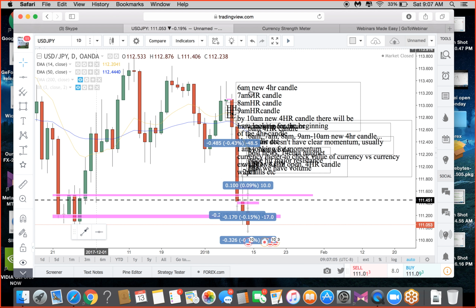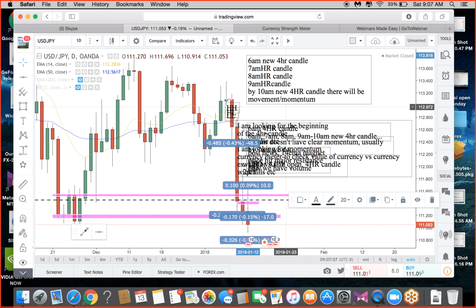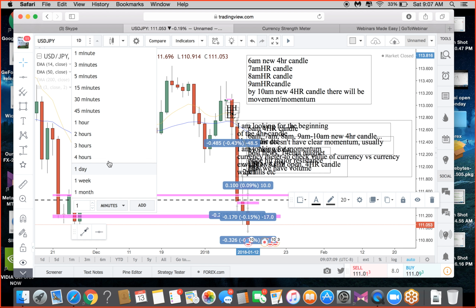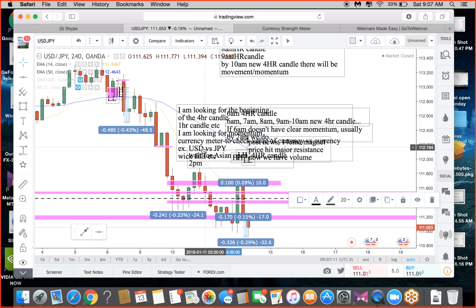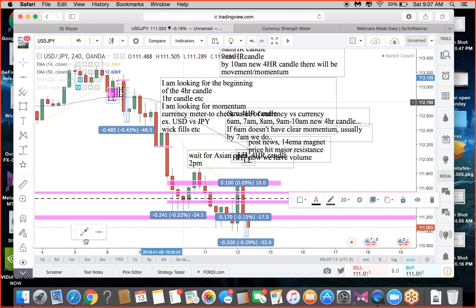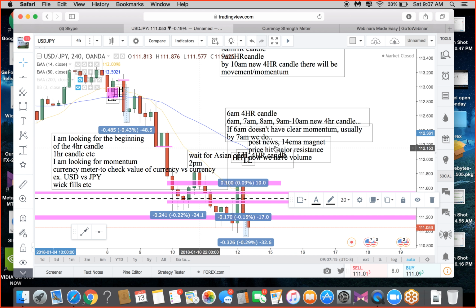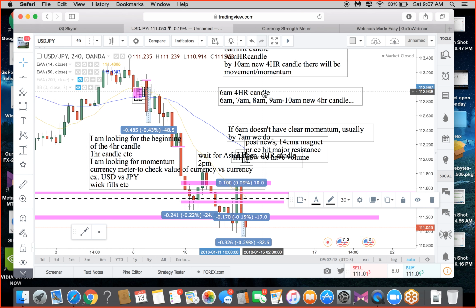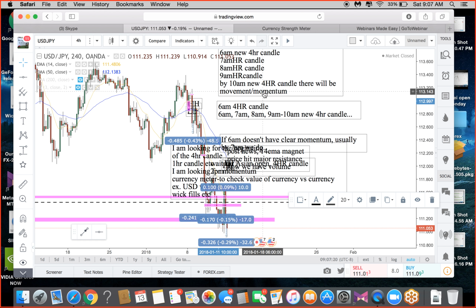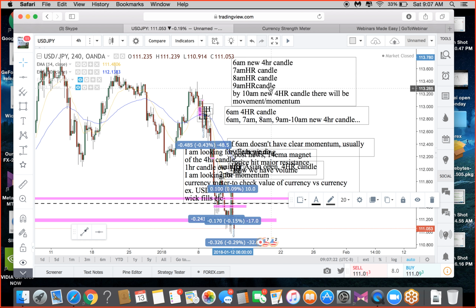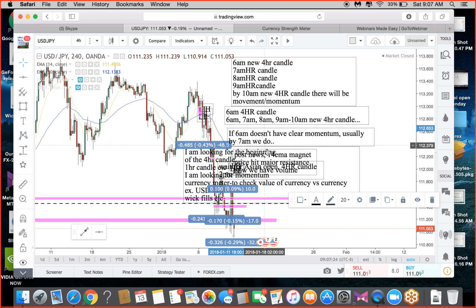So your trading plan should be based around the 4-hour time frame. In my opinion, that's just my opinion. My opinion is that your trading plan should really be based around the 4-hour time frame to get a clear idea of momentum. Wick fills.